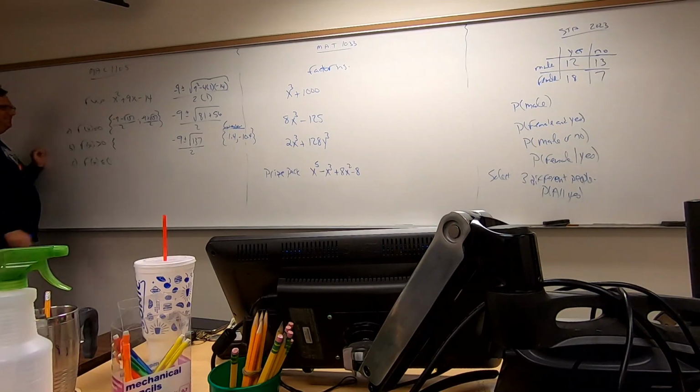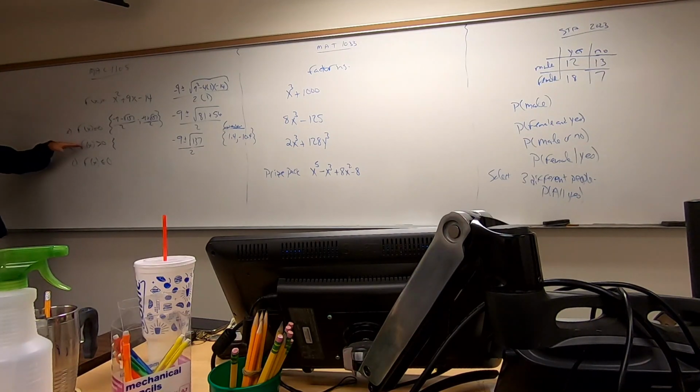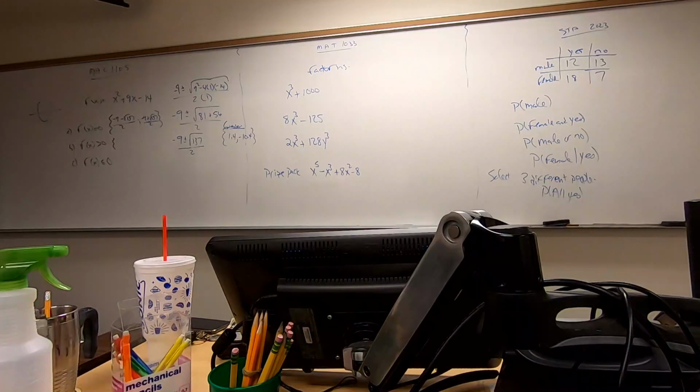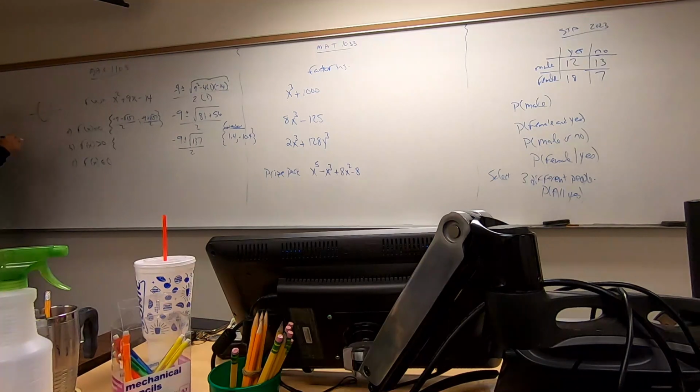Okay. All right, when's it greater than 0? So now remember, this is the parabola that's crossing through the x-axis, right? And again, which way it's shifted, right, left, up, down, is relatively immaterial. This crosses at -9 minus the square root of 137 over 2, and -9 plus the square root of 137 over 2. So when's it greater than 0?